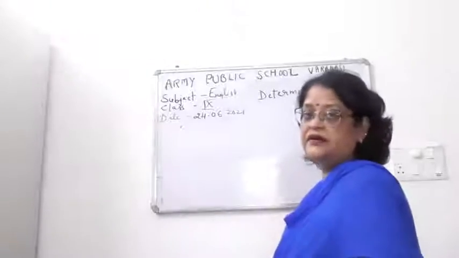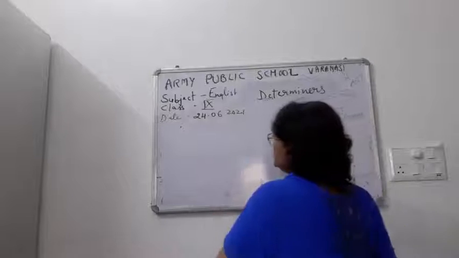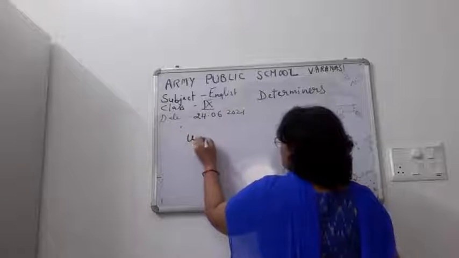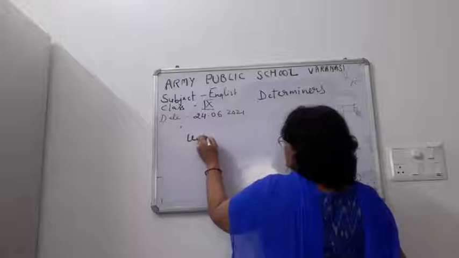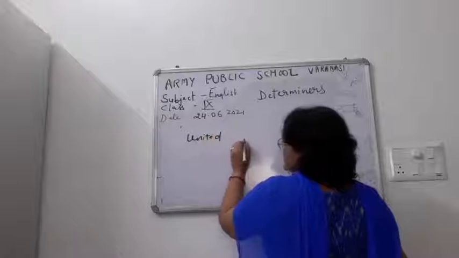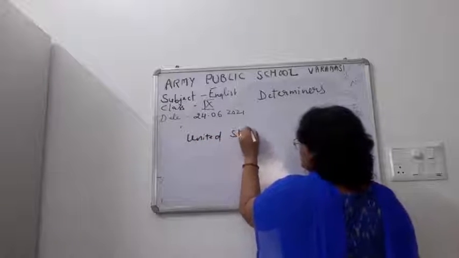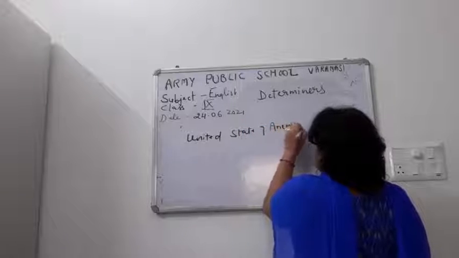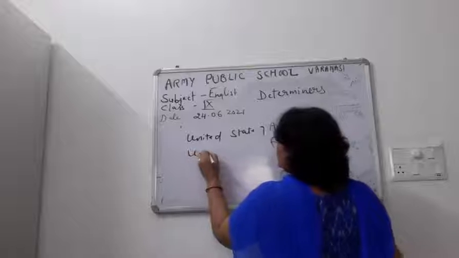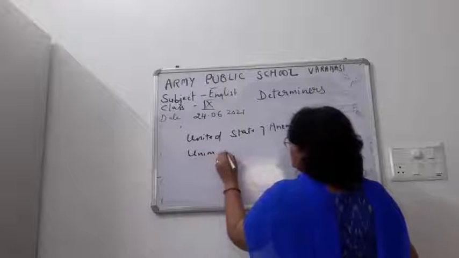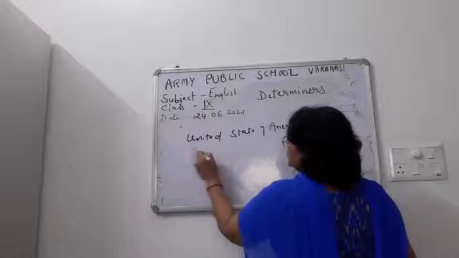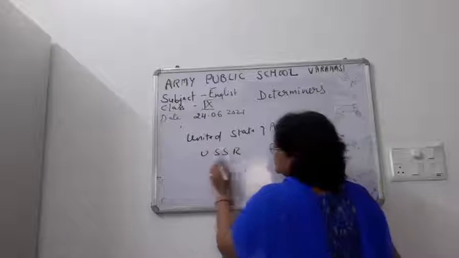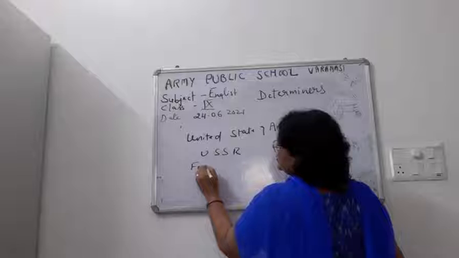Then we use the with them, like countries in which United is combined with the name, like the United States of America, the USSR, the Union of Soviet Socialist Republics, then the Federal Republic of Germany.